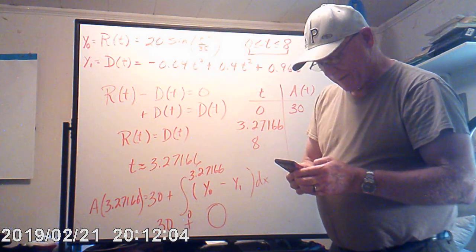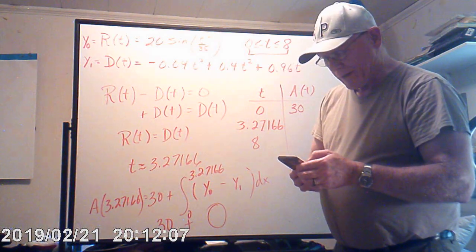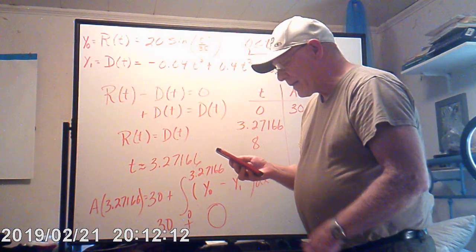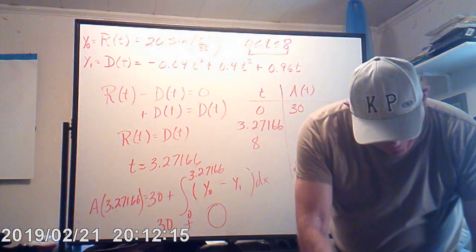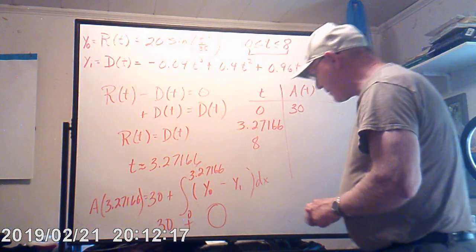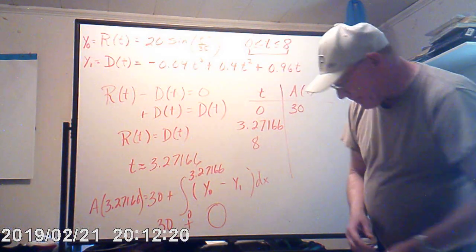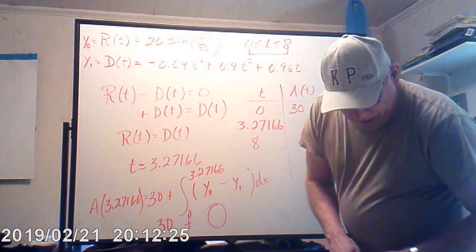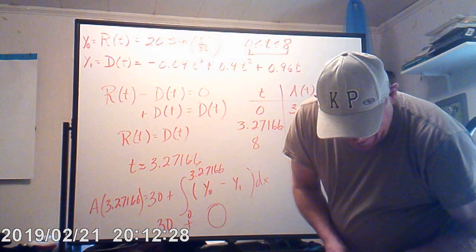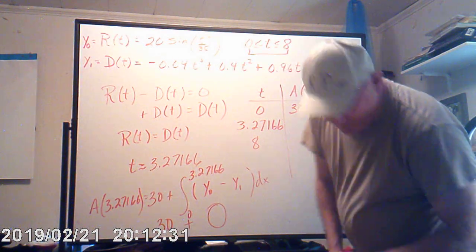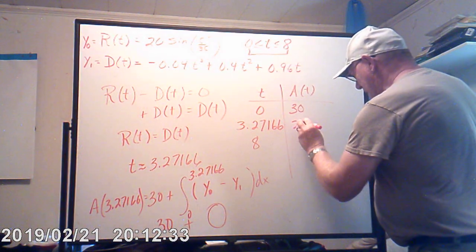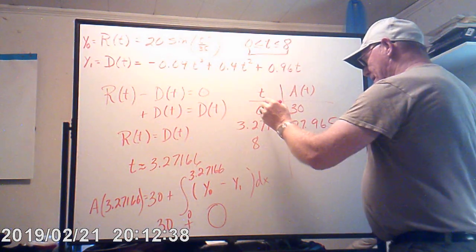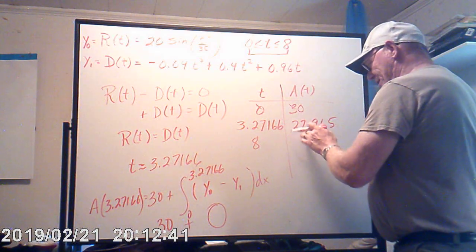Yes, when I plug in this value here, I get, let's put it in red, it really doesn't matter, 27.965. We already know we can count this out because this is smaller.